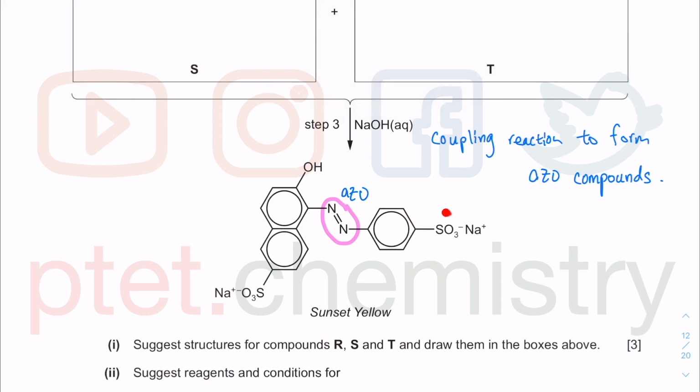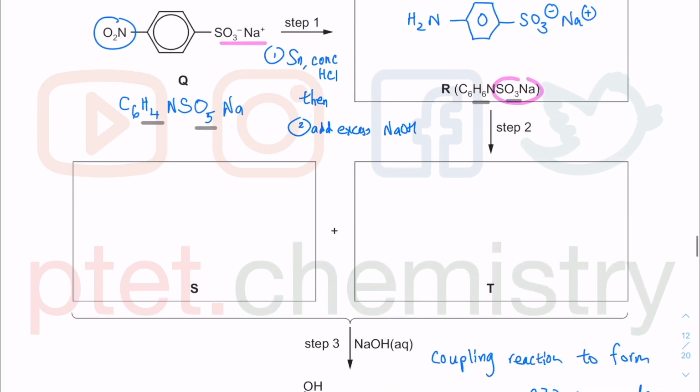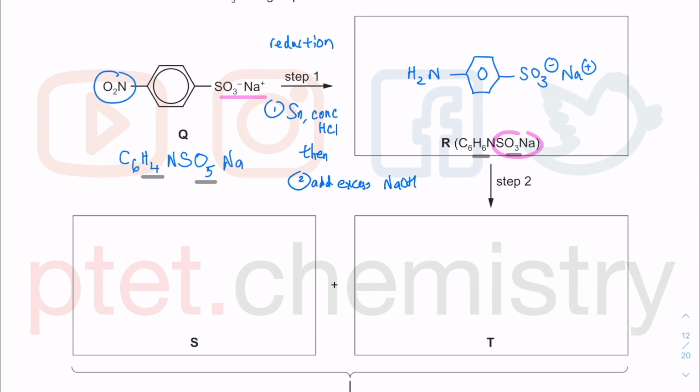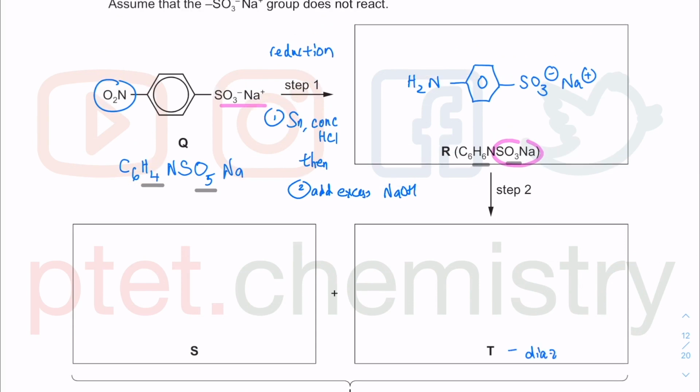So we know that this bit here comes from the phenylamine just now. If you want to form azo, you must have the diazonium. So T must be diazonium. Diazonium is not a neutral molecule per se. It's actually a diazonium salt.